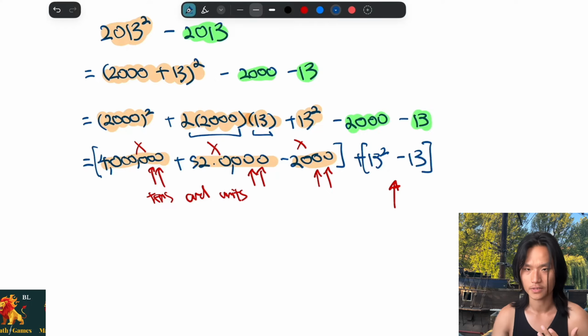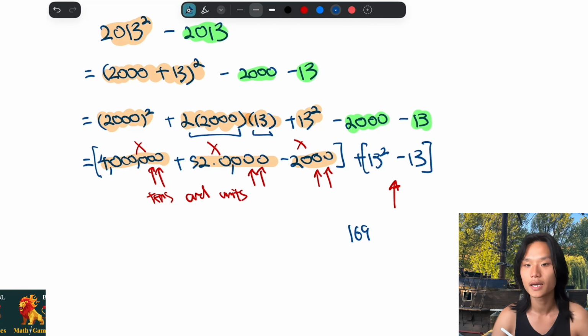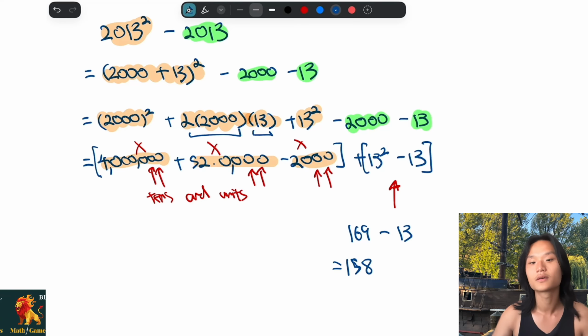So what is 13 squared minus 13? Well, 13 squared is 169, and then minus 13, so we get 158.